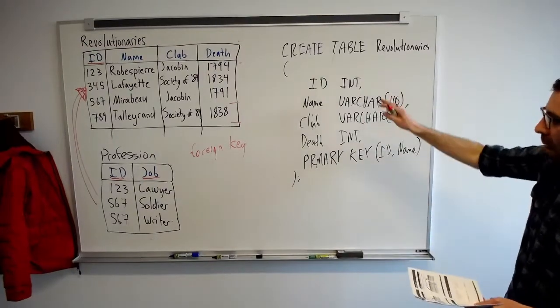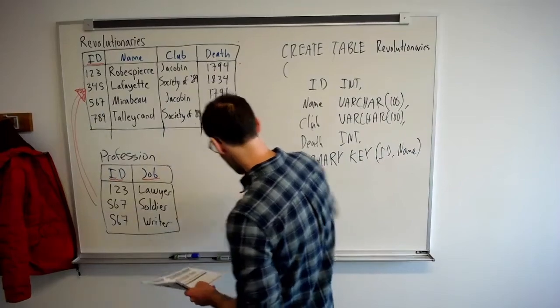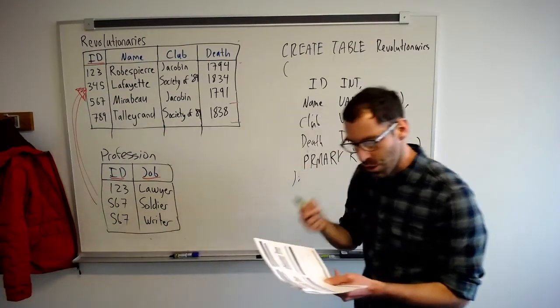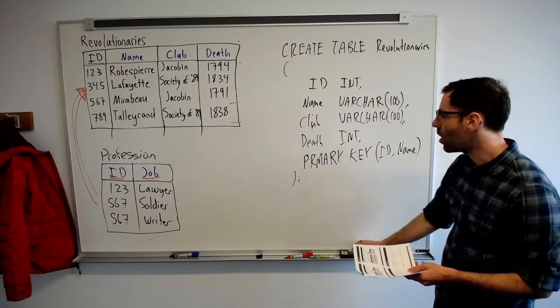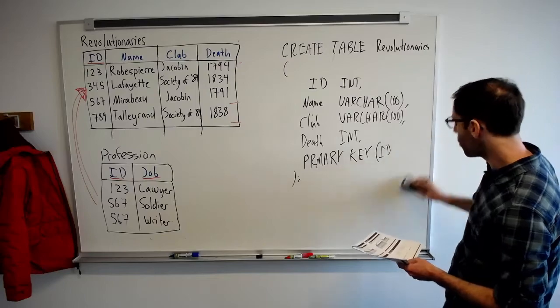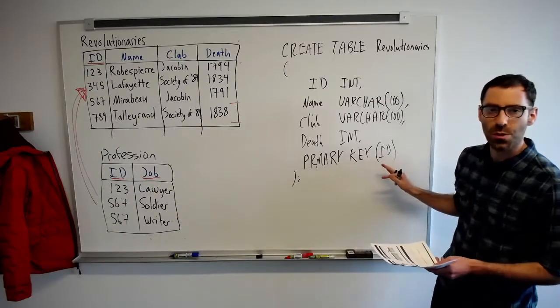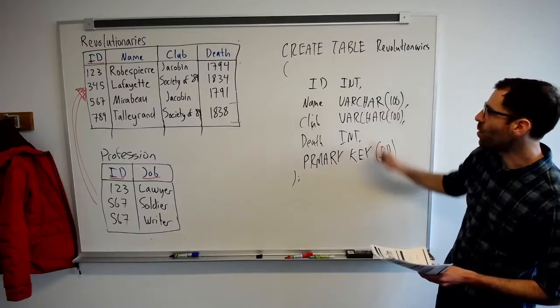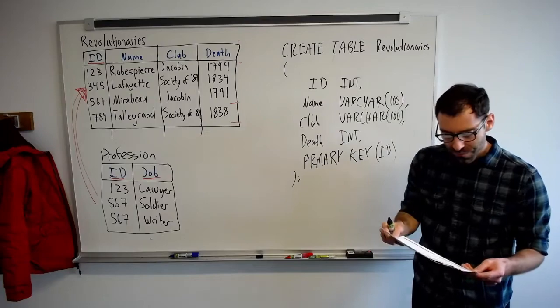So back to SQL, how would we set this up in our structured query language? Well, we have our same create table of revolutionaries, which will say we're just going to have ID as our primary key, and we can do it this way, a little more verbose than just putting primary key after the attribute.